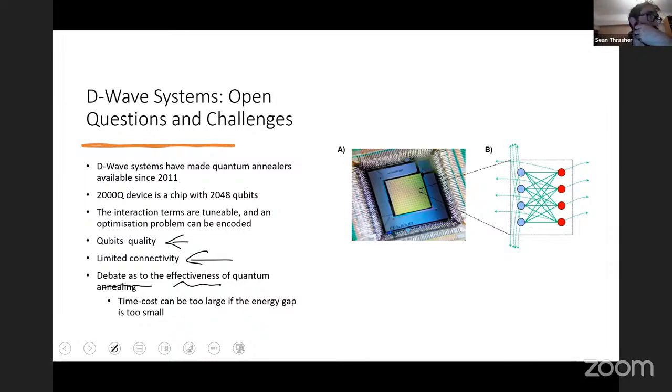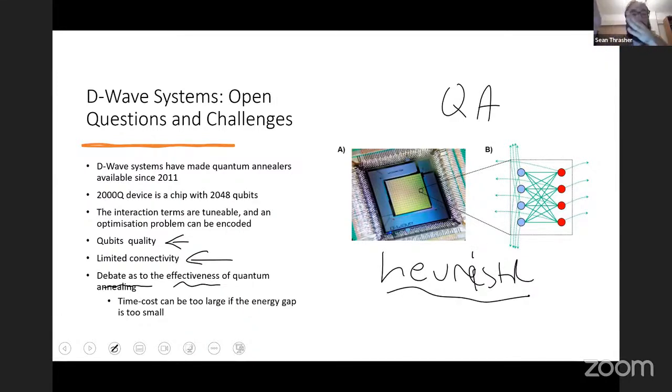I personally would be interested in going down the route of probing this more on a theoretical basis and trying to find theoretical guarantees, because quantum annealing is known as a heuristic method, right? That means that essentially there are no theoretical bounds on the performance.